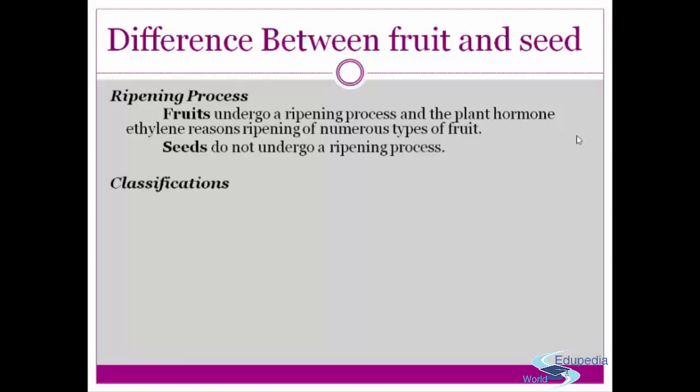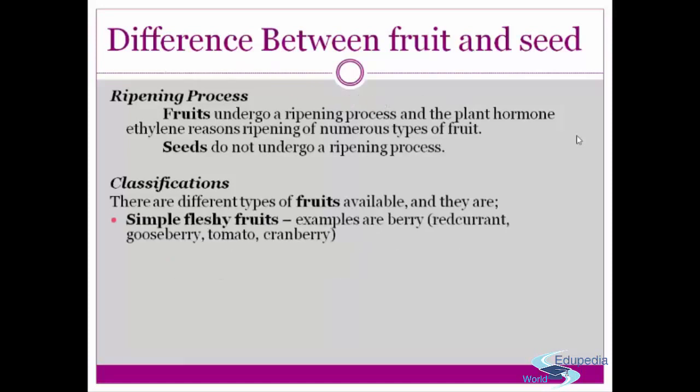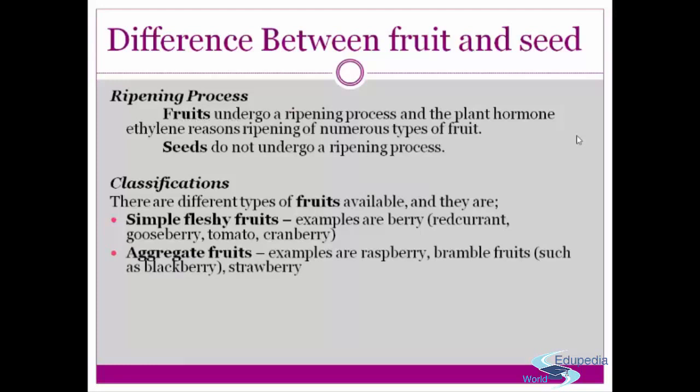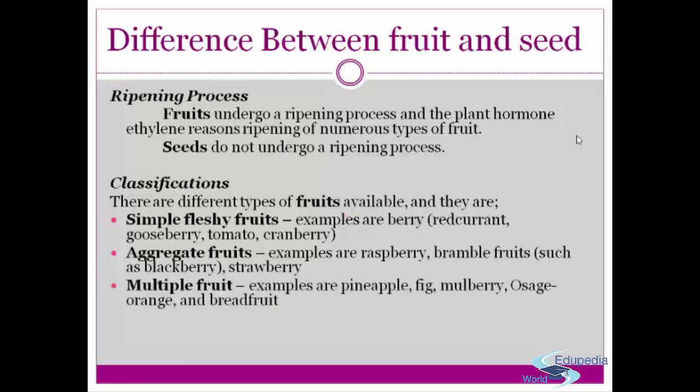Difference between fruit and seed in terms of classifications. There are different types of fruits available, and they are simple fleshy fruits such as berries, aggregate fruits such as raspberry and bramble fruits, strawberry, and last, multiple fruit such as pineapple, orange, and breadfruit.